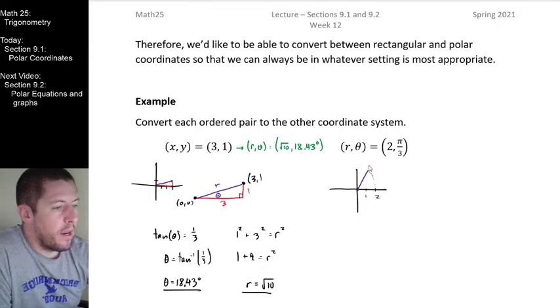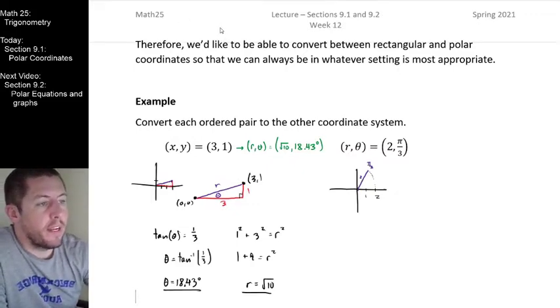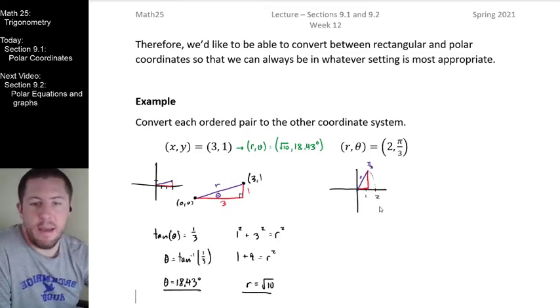So I know that we're at an angle of pi thirds, and I know that we have a radius of 2. What we're interested in is identifying how far right I need to go to make this point happen, and how far up and down I need to go to get to that point right there.